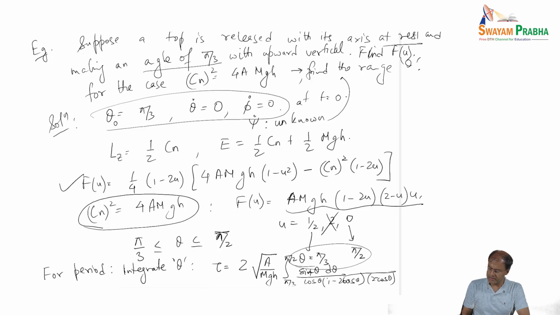We integrate this giant expression and we get the period roughly equal to 3.3 times the quantity inside the square root, which is a by mgh. Okay, so that completes this problem.